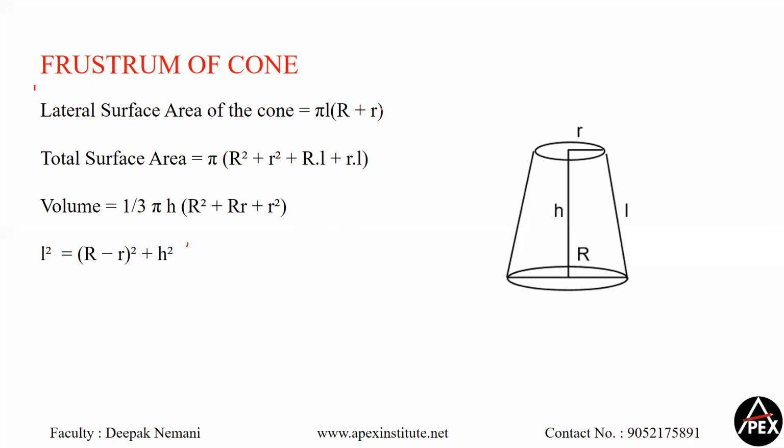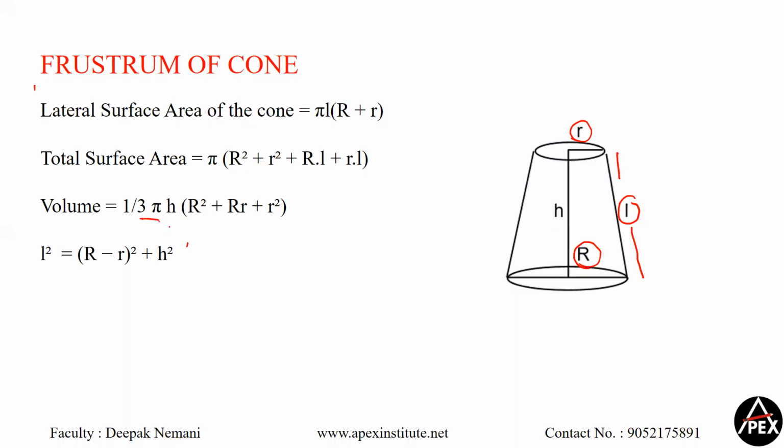Now the lateral surface area of the frustum will be pi L into R plus r. Earlier it was pi L into R, but here pi L into R plus r, where L is the slant height of this frustum, R is the radius of the base, and small r is the radius of the top cross section. Now total surface area will be pi into R square plus r square plus L into R plus r.